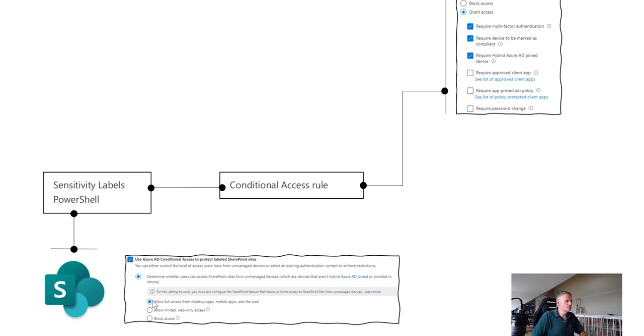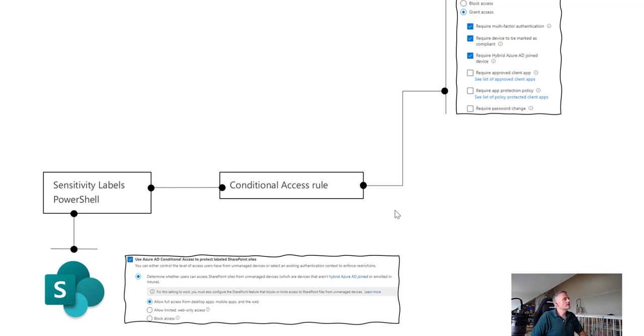So just setting those, for example, using PowerShell or using the sensitivity labels, which is the option you see over here, you needed to have a conditional access policy to be able to enforce those. And we see things like this, requiring multi-factor, a device marked as compliant, etc. Those are basically the options we have. There weren't any other options, which we do have when we have the full range of conditional access.